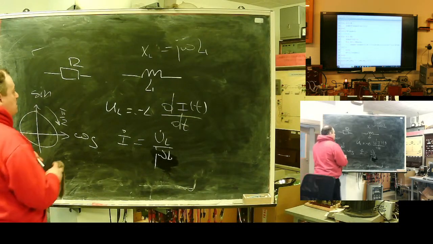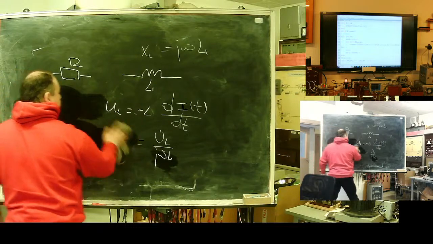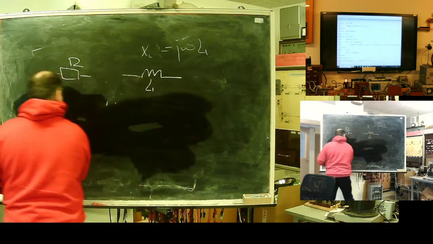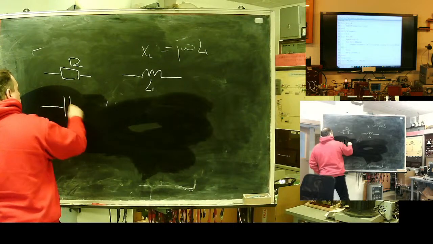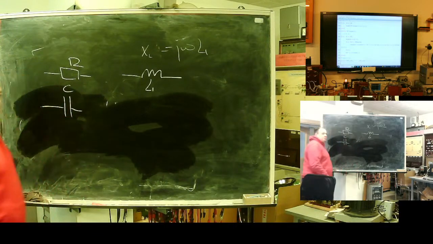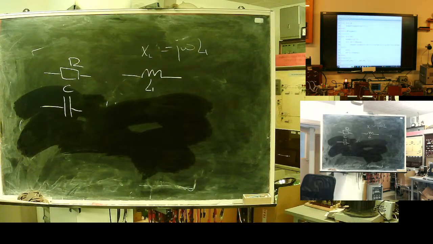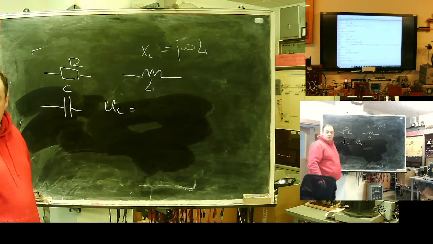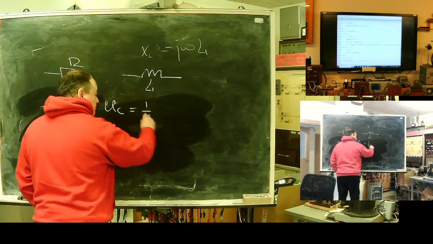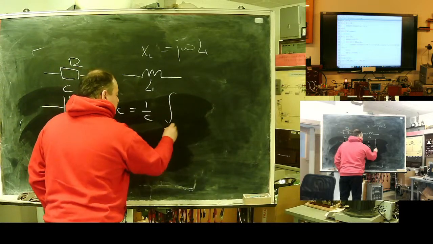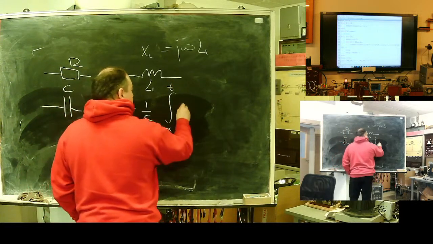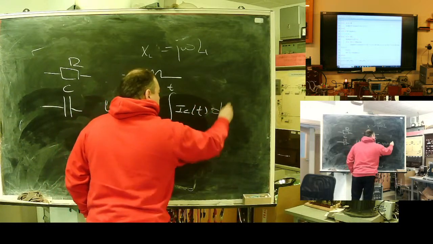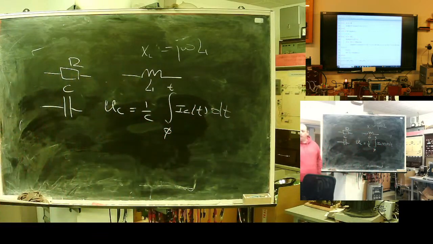For capacitors, a capacitor with capacitance C, this one, 5 microfarad. Voltage will be what? 1 divided by C, the integral from 0 to time t, or the sum of all charges.